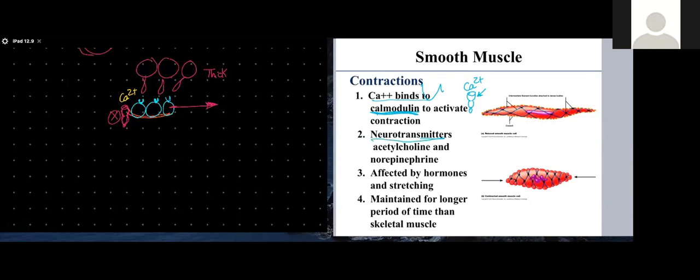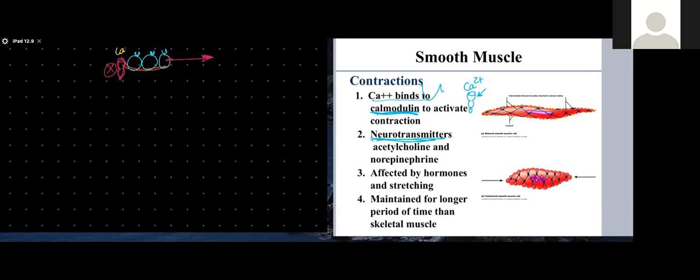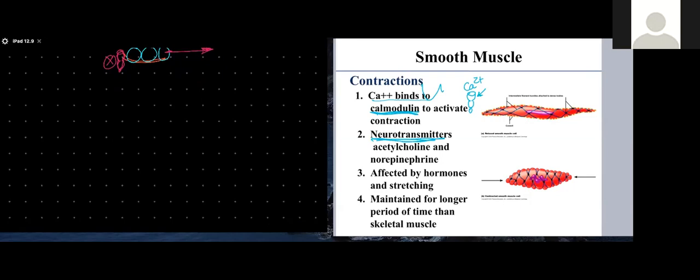Do you remember what neurotransmitter you were using to allow the skeletal muscle contraction? What was the name of the neurotransmitter that you were releasing from the terminal end of the neurons for it to bind to its receptor on the muscle side? Acetylcholine, exactly.